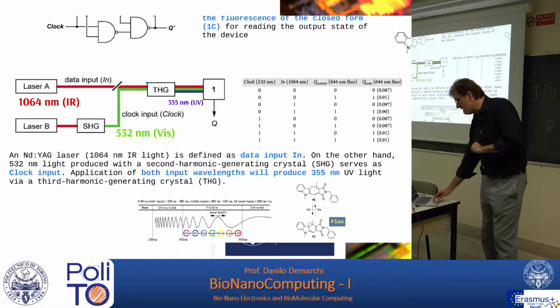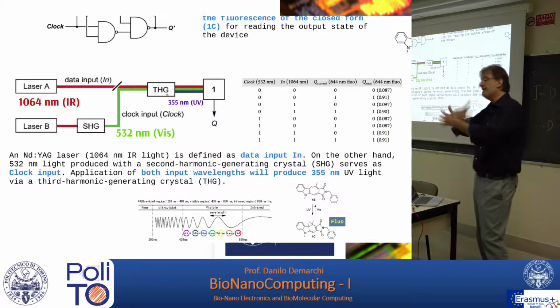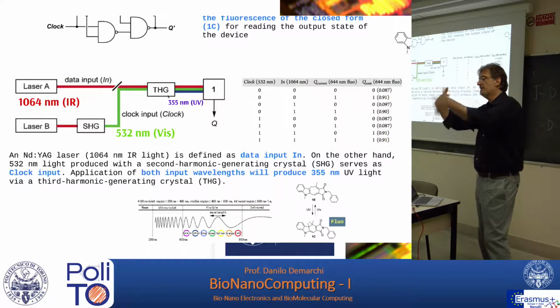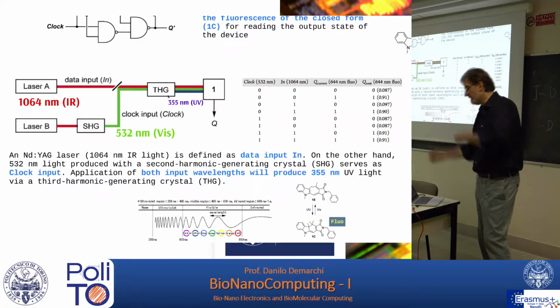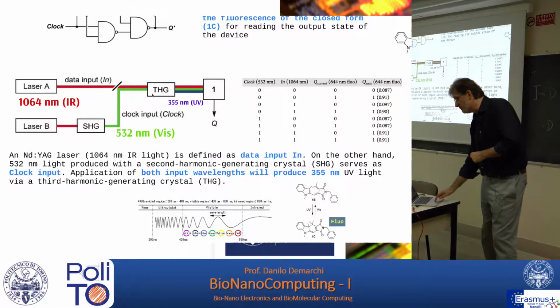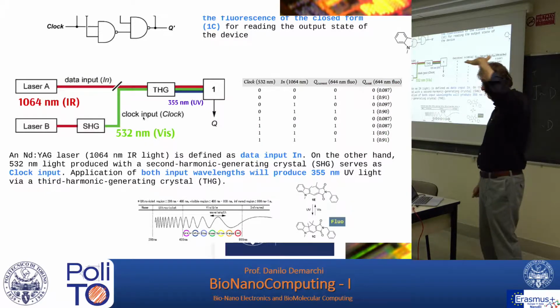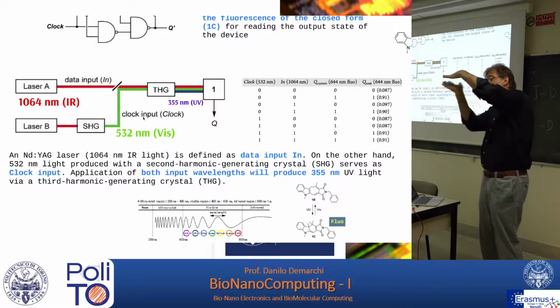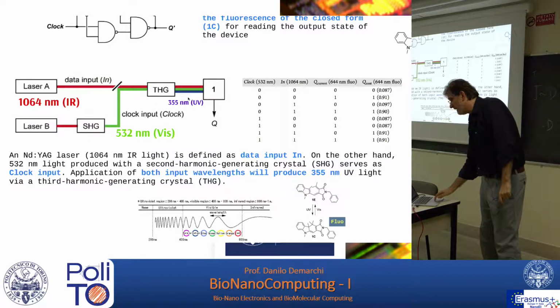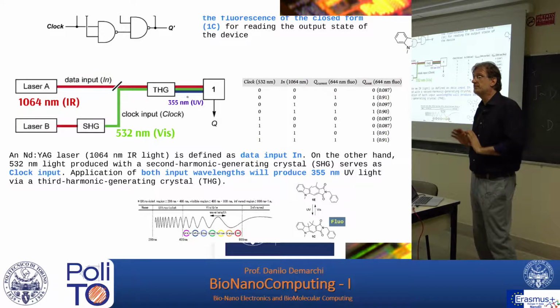Before that, I insert a third harmonic generating crystal that merges all the different lights entering and mixes them together, because thanks to this, remember, only if I have the infrared and the visible light together is an ultraviolet light generated out.